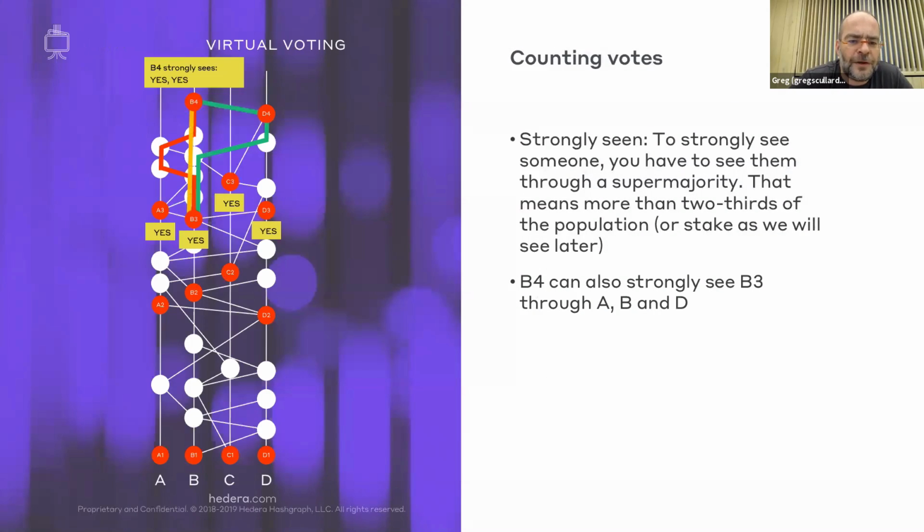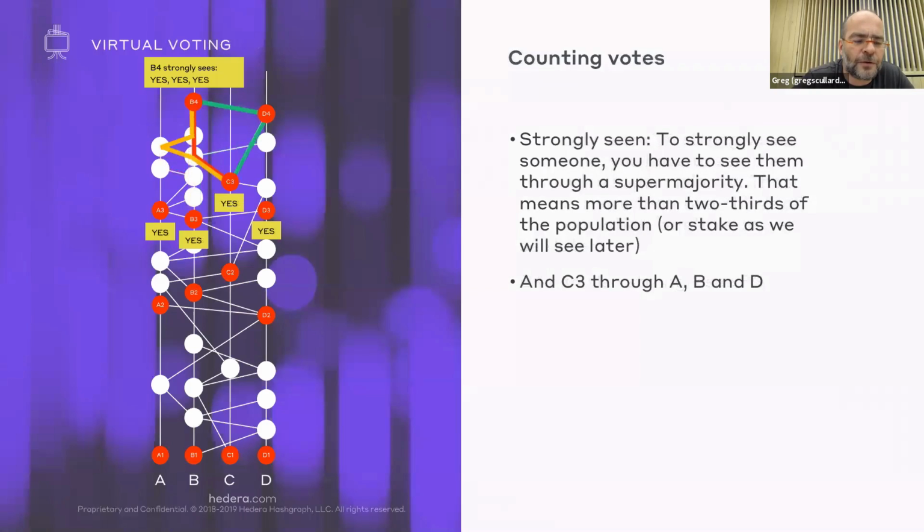So let's now look at B4, which is the next witness node in round 4. Can it strongly see B3? And the answer is yes. It can see it through A, B, and D. So again, B4 strongly sees B3 as well as A3. Now, let's do the same with C3. C3 can be seen by B4 again through a supermajority of A, B, and D. So all we're doing here is following the lines on the graph.